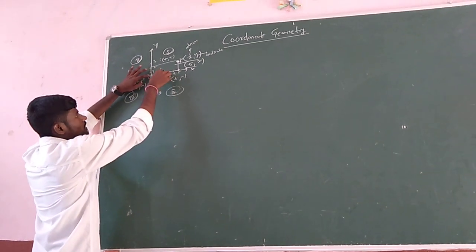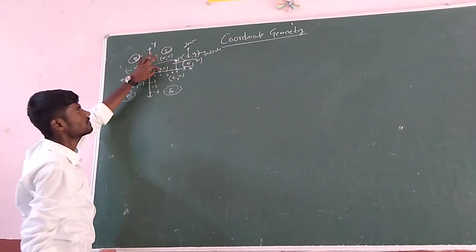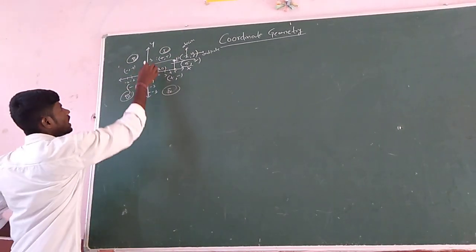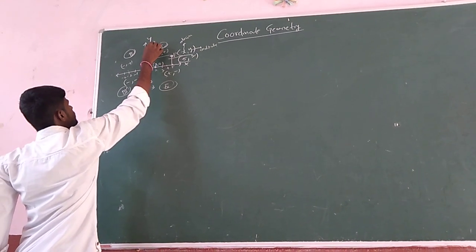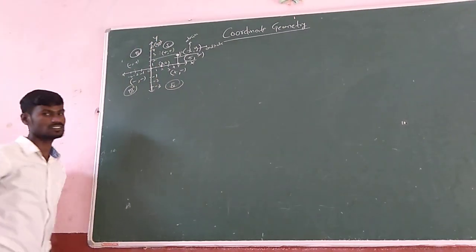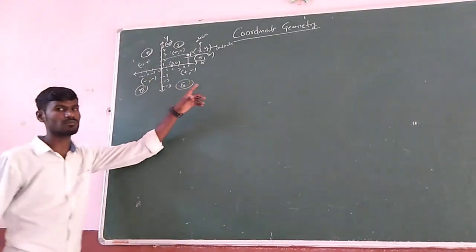We take perpendiculars on the x axis and y axis, and on the y axis the value is 0. That's right. So the y value is 0 on the x axis. On the y axis, if I take a point, the x value is 0, and the y value is 5. So in this plane, we can find the distance between points.